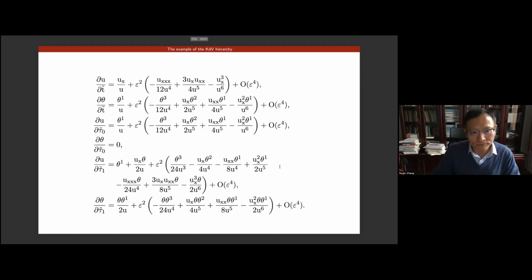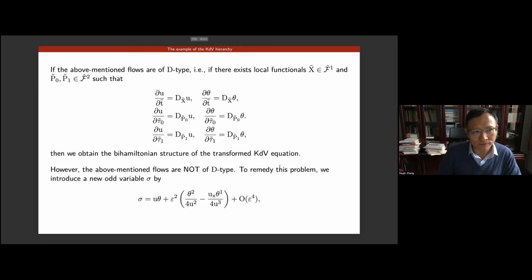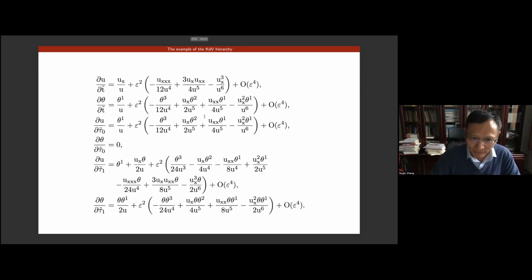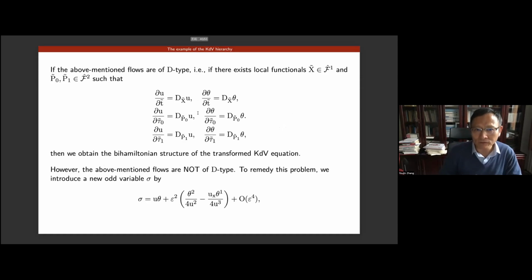And then if we already know that these flows are of D type, this means the right-hand sides are given by certain derivations of the infinite jet space, certain evolutionary vector fields. If these vector fields are of D type, it means that they are obtained from the map D from a local functional to a vector field.